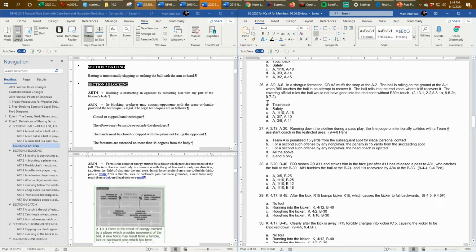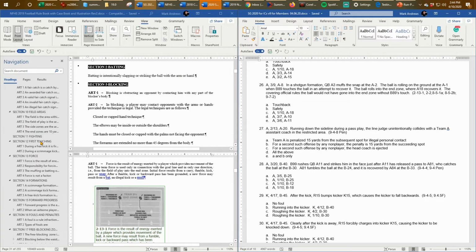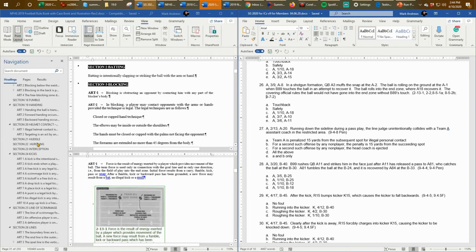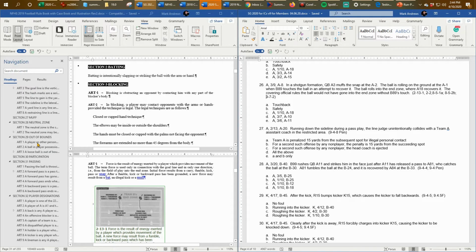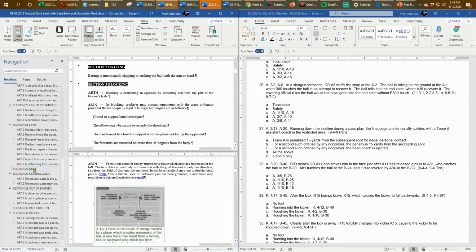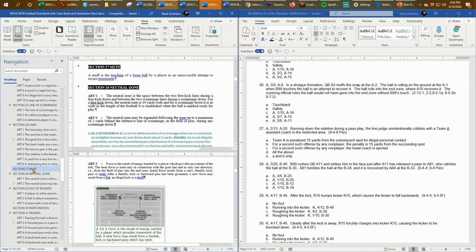So let's take a look at the definition for batting. Batting is intentionally slapping or striking the ball with an arm or hand. Okay. Versus a muff, which has several different connotations, but in this case, a muff is the touching of a loose ball by a player in an unsuccessful attempt to secure possession.